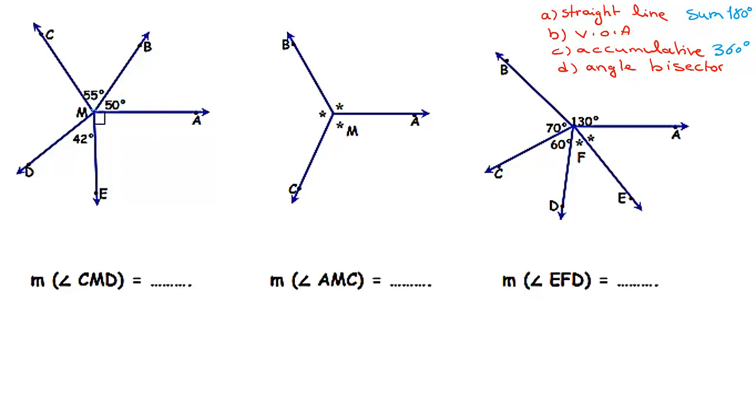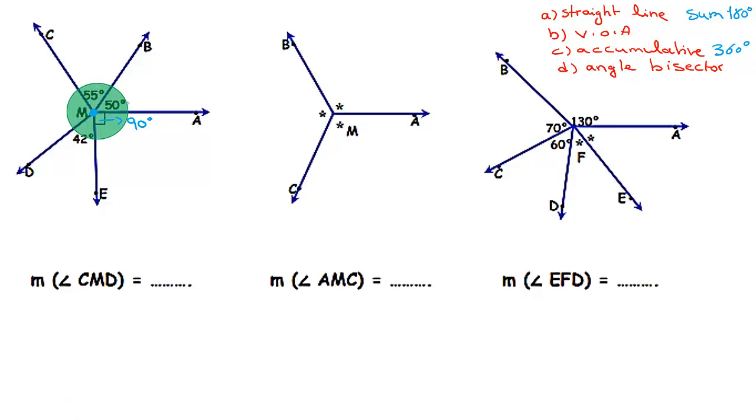Yes, all of them are accumulative around point M here. And please remember that this sign means that this angle is equal to 90 degrees. Since the 5 angles are accumulated around one point, accumulative angles should sum up to 360 degrees.